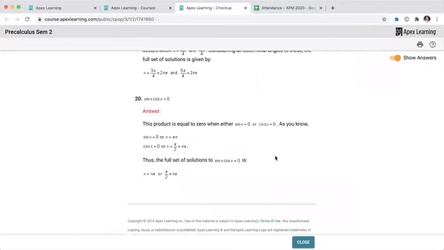The last one that I want to point out here is number 20. So I've got sine of x, cosine of x, all right? This is our zero product rule, right? This is saying where sine of x is 0 or cosine of x is equal to 0, all right? So you figure out where both of those are equal to 0, okay? And that's your solution set, all right? Any interval of pi, right, is where sine of x is equal to 0.